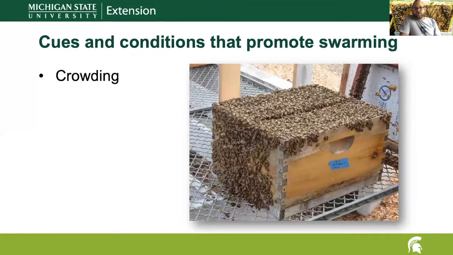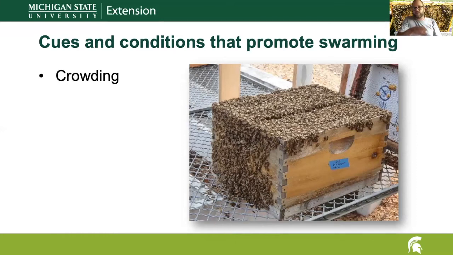Now, the cues and conditions that are involved in the swarming impulse of a hive are complex and involve both cues within the hive and environmental cues. And really the main condition that occurs within the hive that drives swarming is crowding.